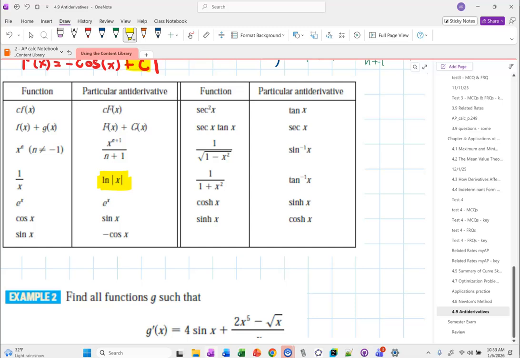Why is there an absolute value there? What's the domain of the natural log? It's not all real numbers. It's only positives. The natural log of 0 or a negative is undefined. Any logarithm of 0 or negative is undefined. That's why the absolute value is there. Because you can plug -3 into 1 over x, but you can't plug -3 into the natural log of x.